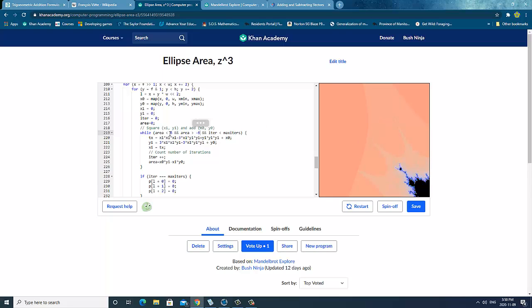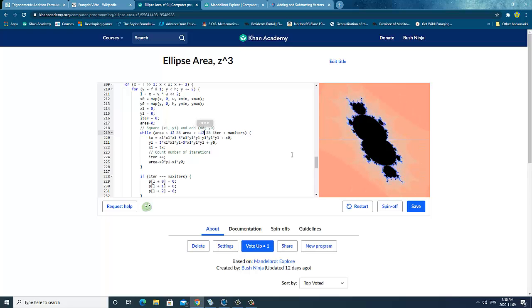I wonder if there's a value here that's best. That kind of looks like it's pointed.